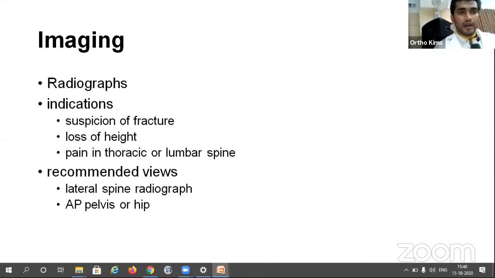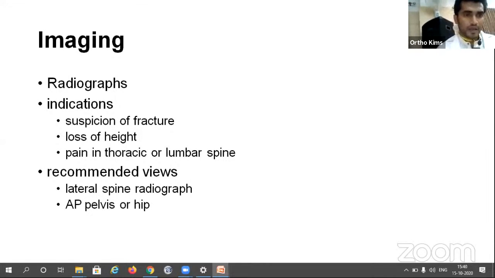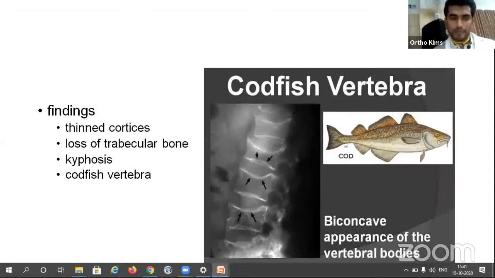Coming to imaging, radiograph. Indications are suspicion of fracture, loss of height, pain in the thoracic or lumbar spine. Recommended views for osteoporosis are lateral spine radiography and AP pelvis or hip.